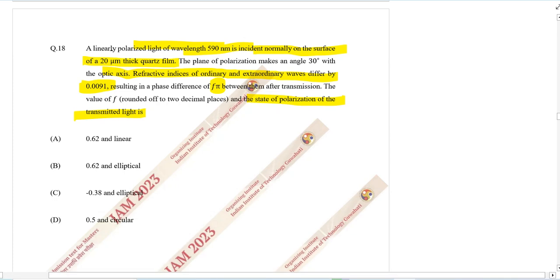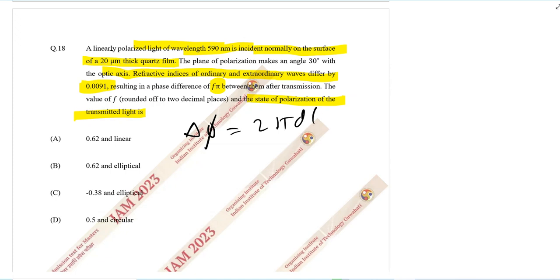ठीक है, तो इसके लिए हम लोगों को निकालना पड़ेगा the phase difference. ये होता है, ordinary और extraordinary wave के हिसाब से अगर हम लोग जाएंगे, तो ये आ जाएगा 2 pi d del n by lambda.